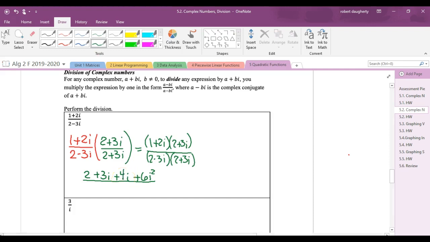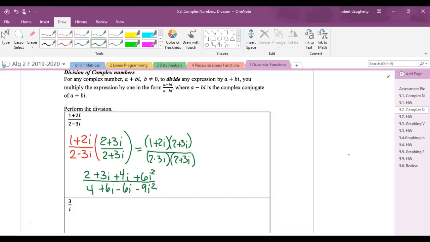And then on the bottom, 2 times 2 is 4. And then I get plus 6i, minus 6i, minus 9i squared. By design, on the bottom you're going to have that 6i minus 6i. That's the reason I multiply by this, so that on the bottom, those i's go away.